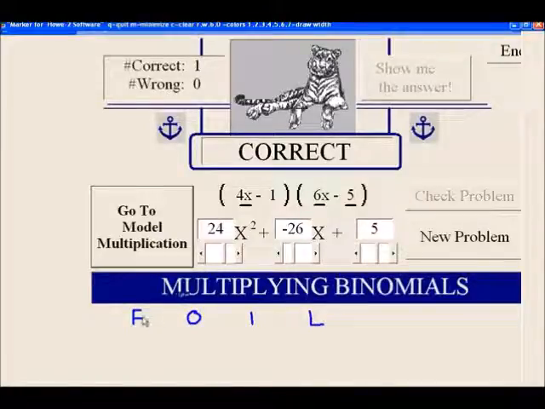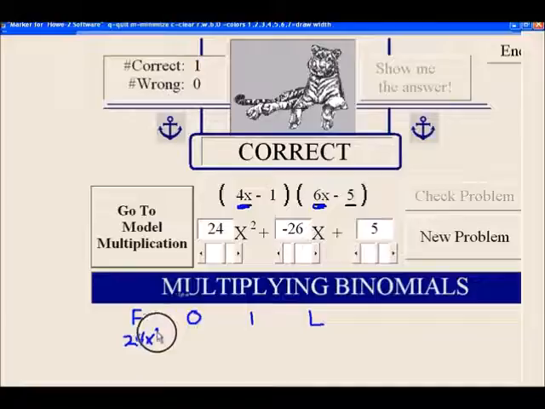The person who made it up said the F stands for first term in the first quantity times the first term in the second quantity, then that would be our 24x squared. Then the O stood for the outside.